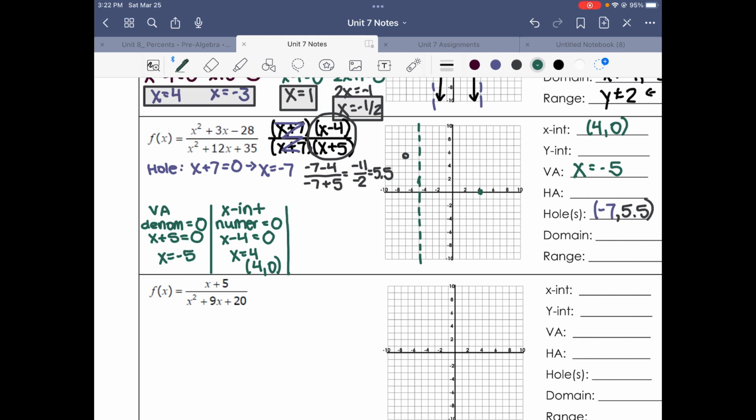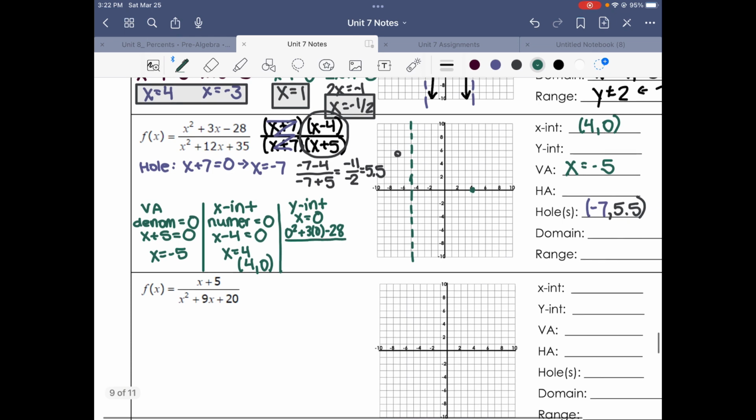The next item on my list is the y-intercept. For your y-intercept, you're always plugging in 0 for x. So 0 squared plus 3 times 0 minus 28 over 0 squared plus 12 times 0 plus 35.